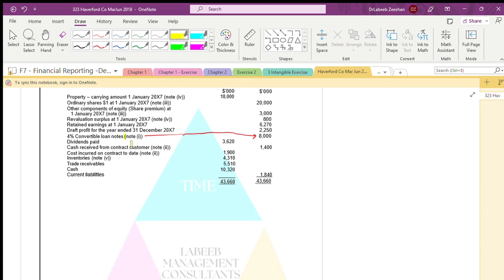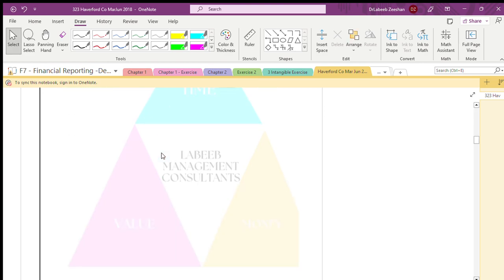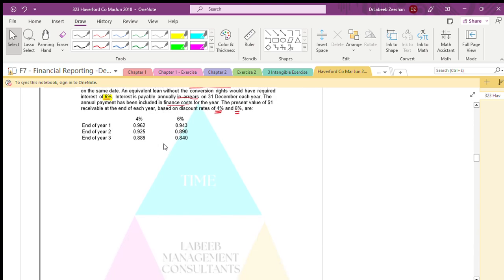We will do the workings here only. Now, I'm talking about working note 1, the convertible loan notes.